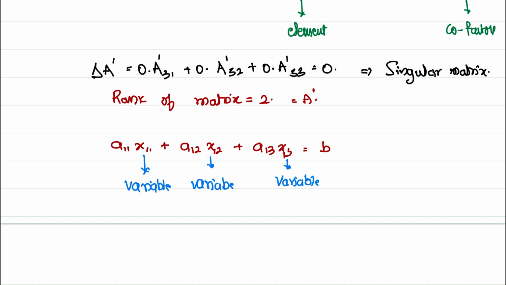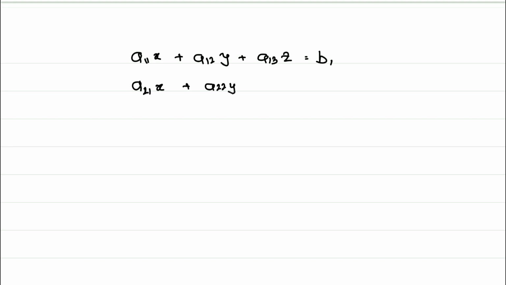If you want, I can write it like this. A11x plus A12y plus A13z is equal to b1. It's a constant. x, y, z are variables. And the second equation is A21x plus A22y plus A23z is equal to b2.